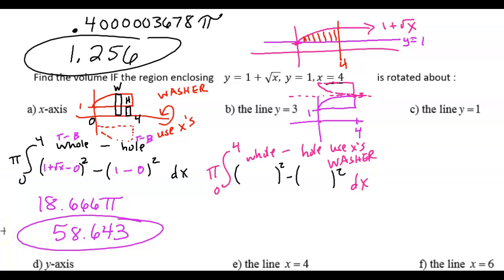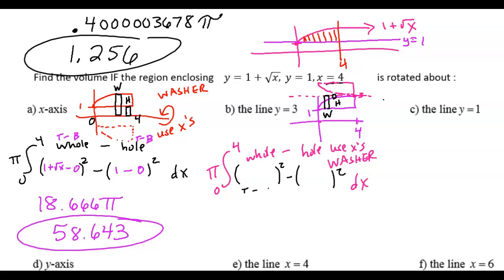Okay. So I think I'm going to use the purple. I ignore the pink because that was my reflected or revolved region. So I'm going to go here. So the whole thing is right there. And the part that's missing is right there. So my top is touching the line y equals 3.